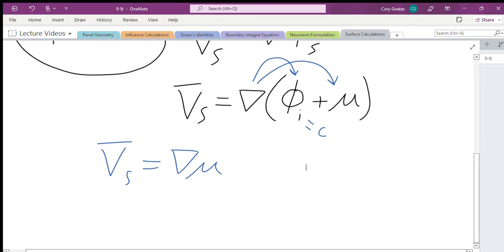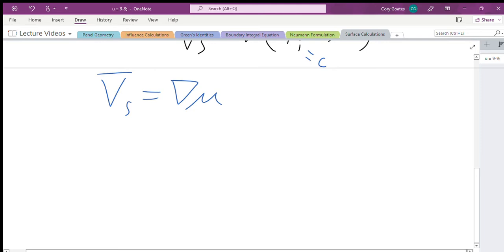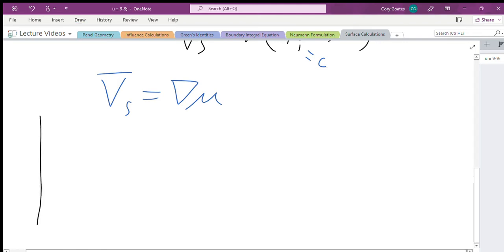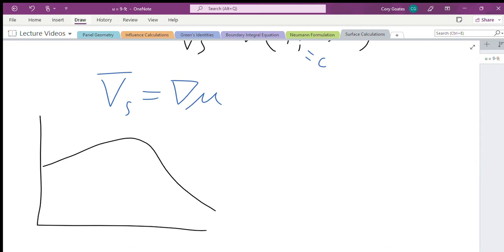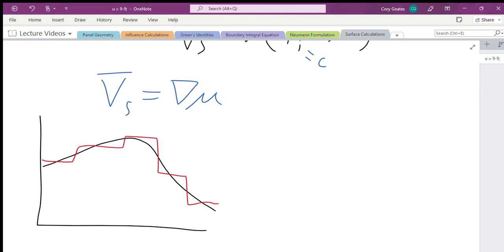Because again, we've gone ahead and said that our doublet strengths are constant. So, with our discrete approximation to the problem, if this is our true doublet strength across the surface, then we have the approximation that looks like that. And everywhere here, grad mu is 0, because on each panel mu is constant, and we take the gradient of that, it's not going to get us anywhere.